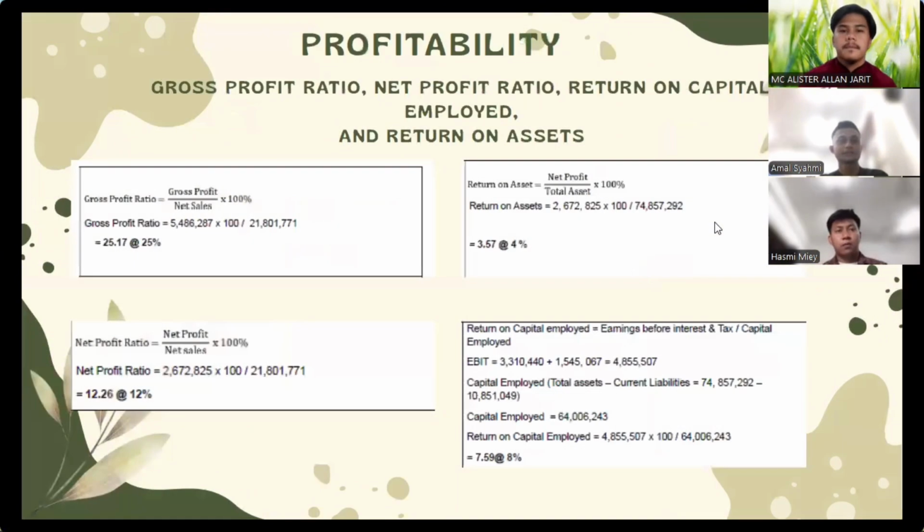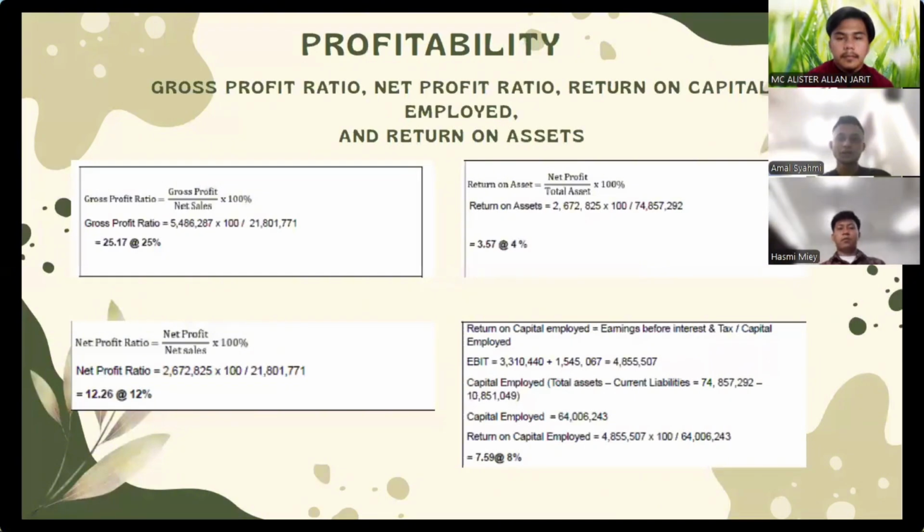Next slide is profitability for YTL Power, which measures the company's ability to generate profit. Firstly is gross profit ratio. The gross profit ratio is calculated by dividing gross profit by revenue.